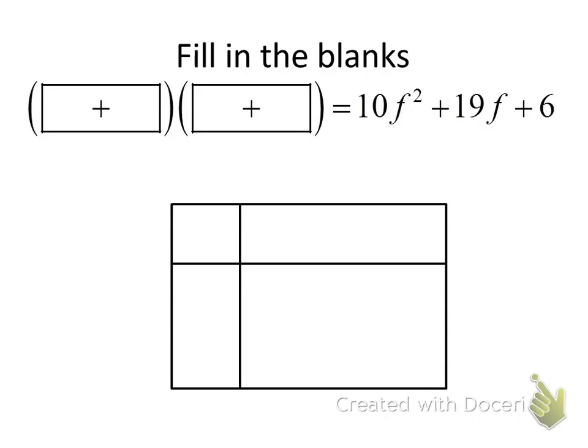How do you find your m? First coefficient, third coefficient. What do we do with them? Find the numbers that multiply it. Yeah, we're going to find our first coefficient and multiply it by our third coefficient.